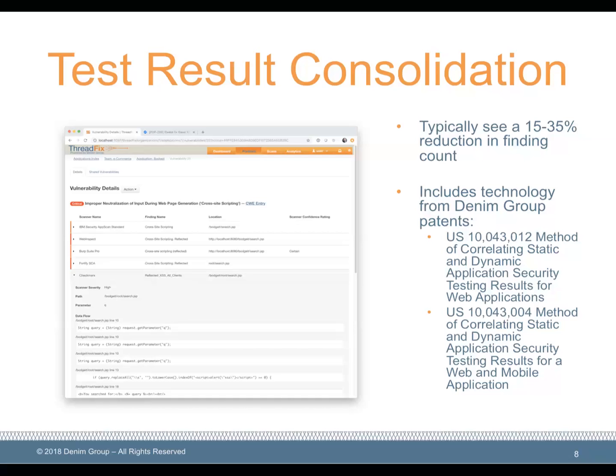That's a lot of acronyms, but we really enjoyed working with them to develop that technology, and we're thrilled that it has resulted in the grant of 2 patents that came out just a month or so ago. Again, the value of this technology is in the reduction of finding count, so your security analysts have less to do when triaging the vulnerabilities coming into the system.